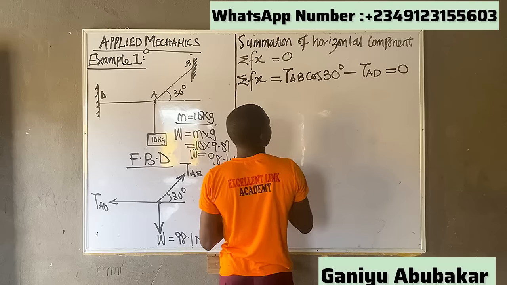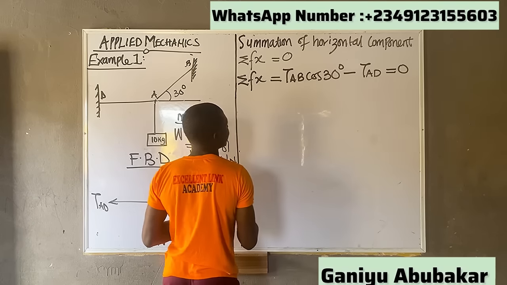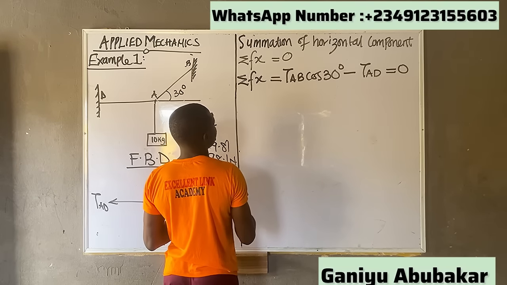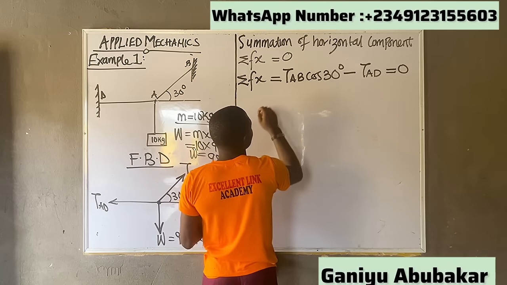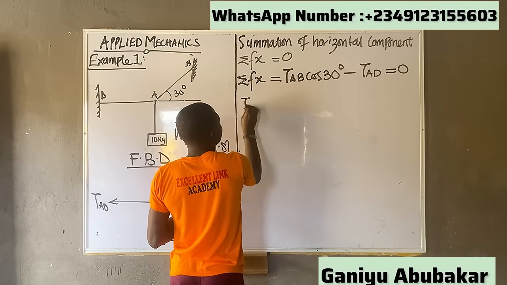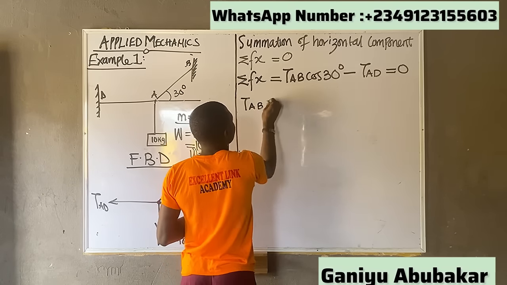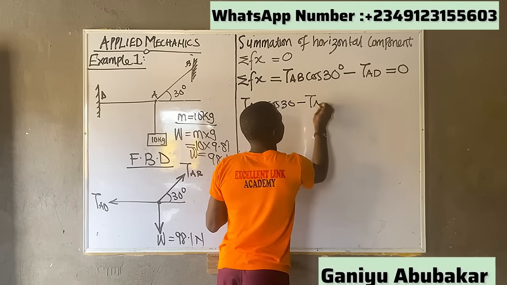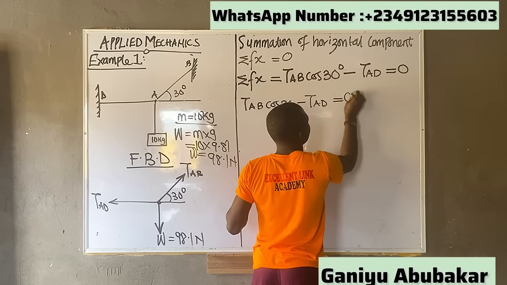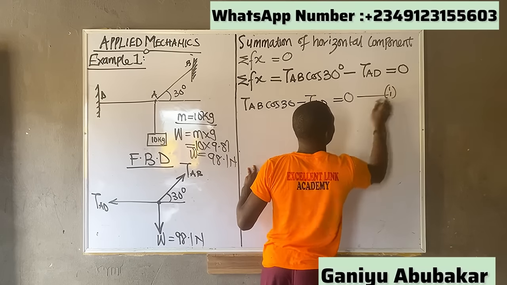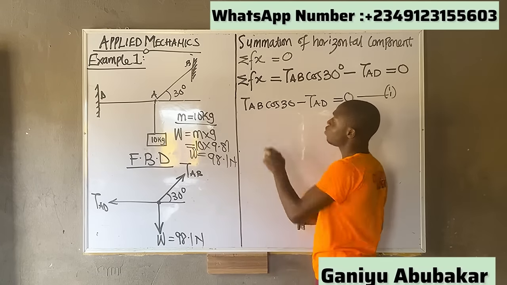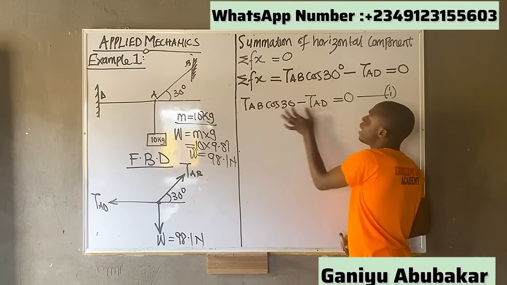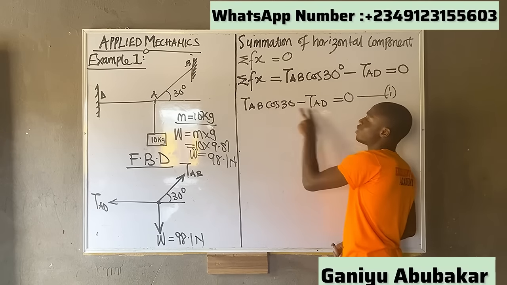So from here, I will have TAB cos 30 minus TAD equals 0. I'll call this equation 1, because I do not know TAB and TAD, so I can't look for two things at the same time.